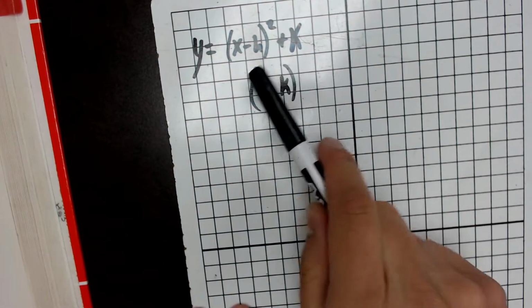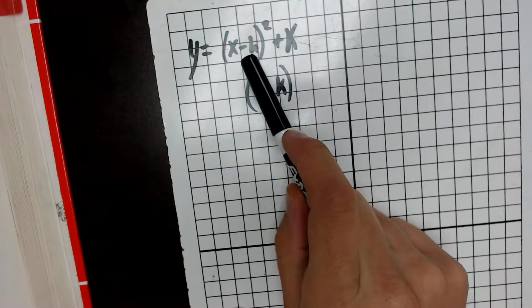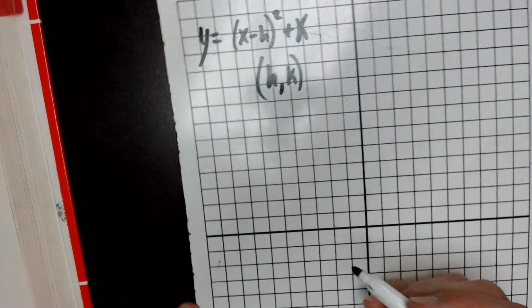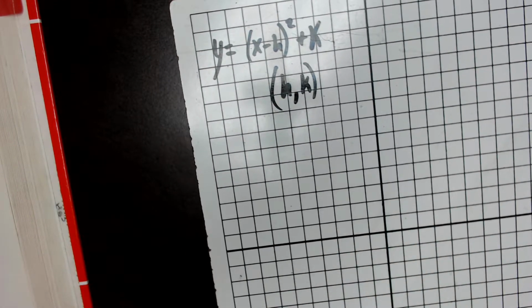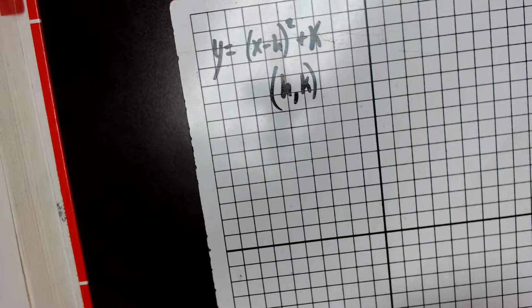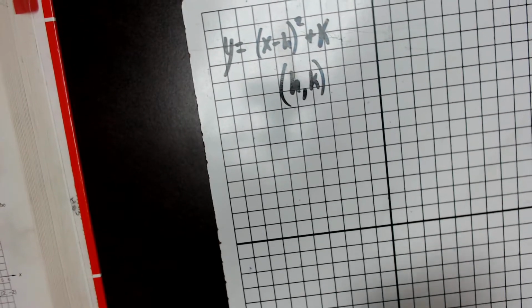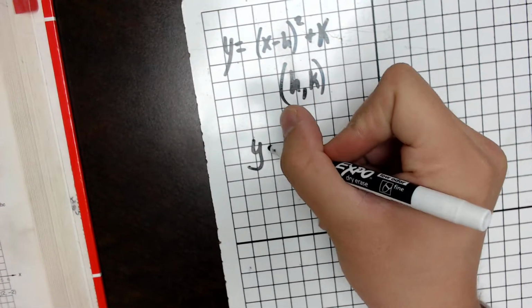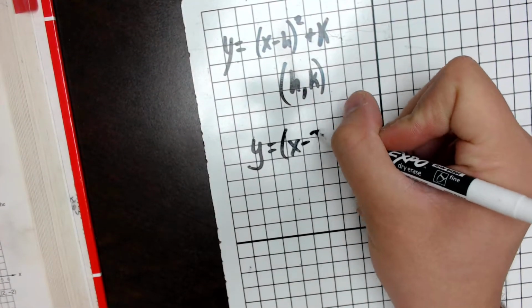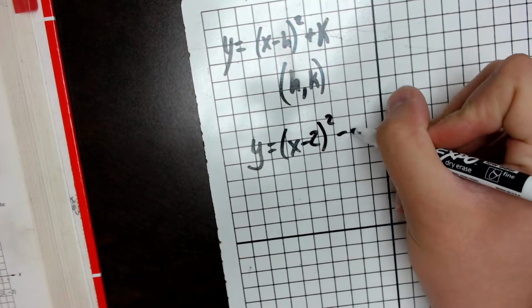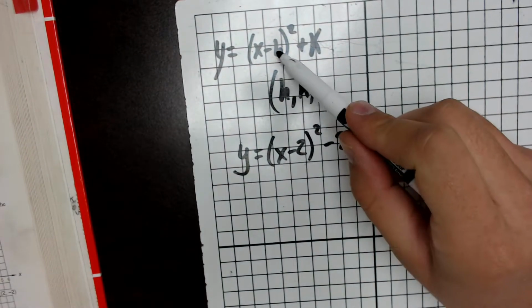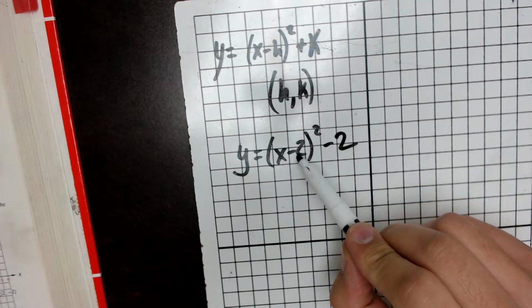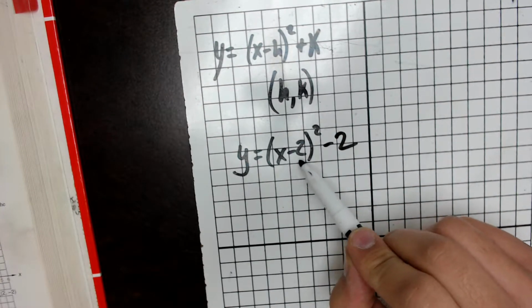Now, the thing you have to notice about this equation is it's x minus h. So if we're looking at a solved parabola like this, y equals x minus 2 squared minus 2, the negative h means that h is always going to be the opposite of whatever number this is.